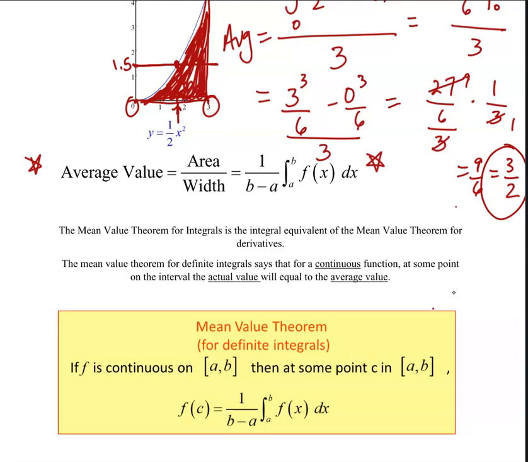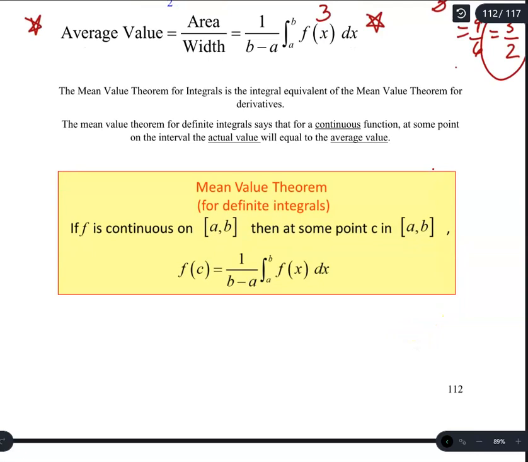So in this example, that happens somewhere between 1 and 2. So somewhere between where x is 1 and 2, the function itself has a value that's equal to the average we got of 1.5. And so here it is kind of summarized. If f is continuous on a closed interval from a to b, then at some point in the interval, f of c, the actual value for the function, is equal to the average value.